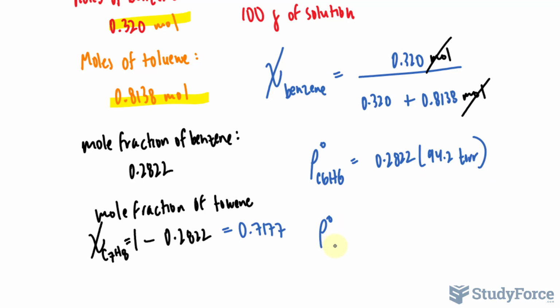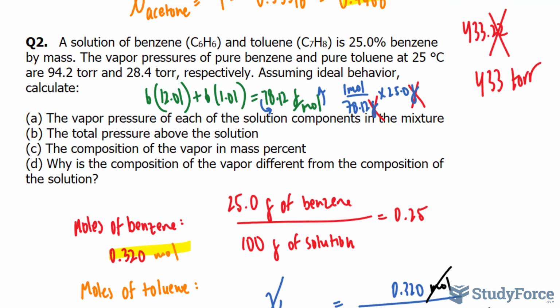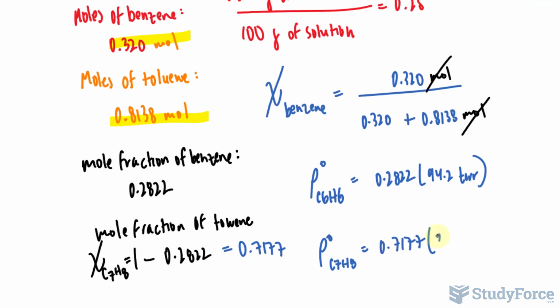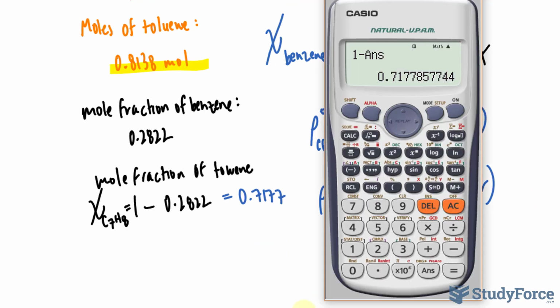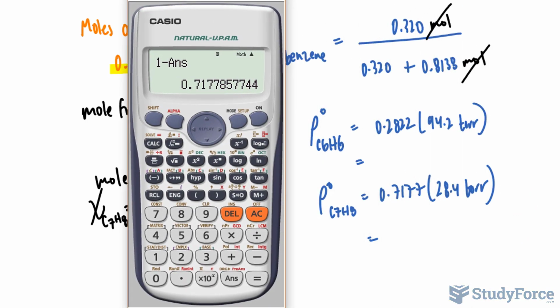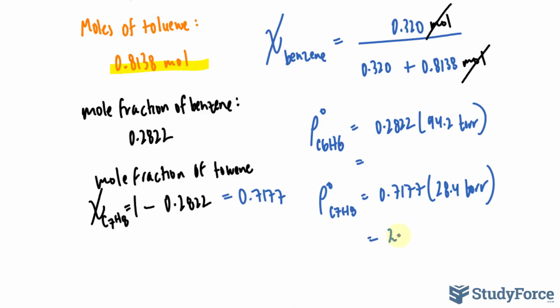And the partial pressure of the other component, C7H8, is 0.7177 times its pressure of 28.4 torr. A big difference. So let's go ahead and find out these numbers. Starting at the bottom, I'll multiply what's on my screen by 28.4. That gives me 20.38 torr at 25 degrees.